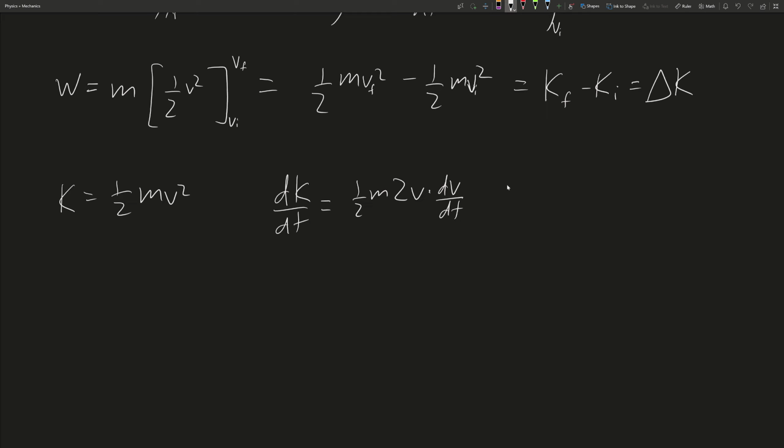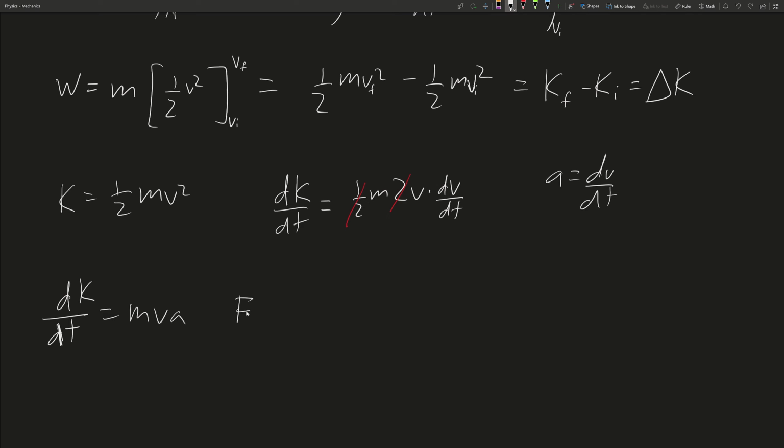Now, we know that acceleration is equal to dv/dt, and substituting this in, we find that dK/dt here is equal to, also notice that 1/2 and 2 cancel here, so dK/dt is equal to mva.